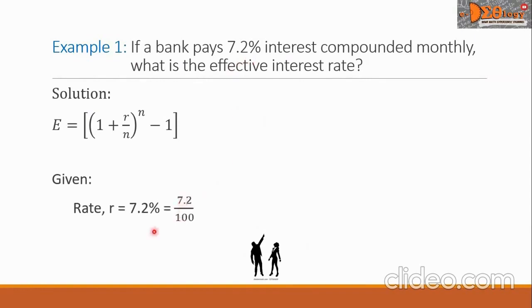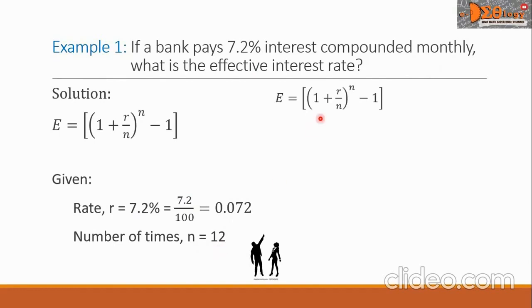Next, we're going to convert this percent into decimal. So we will have 7.2 over 100, and the quotient will give 0.072. Next is the number of times the interest is compounded. It is written here monthly, so we will write n equals 12.